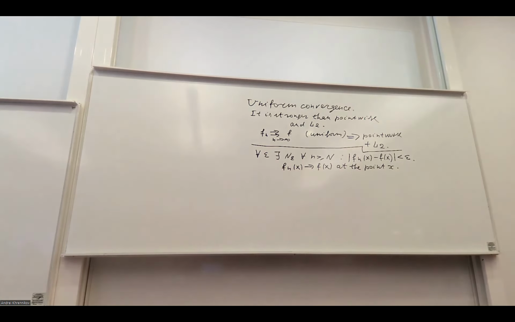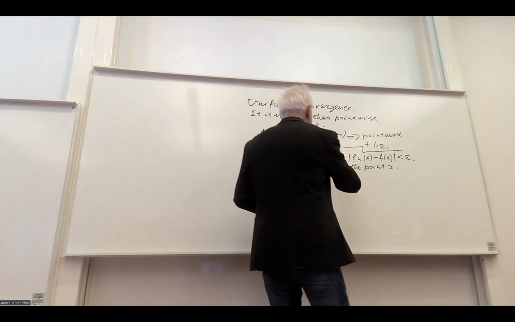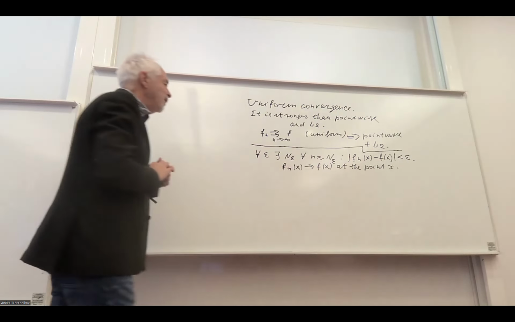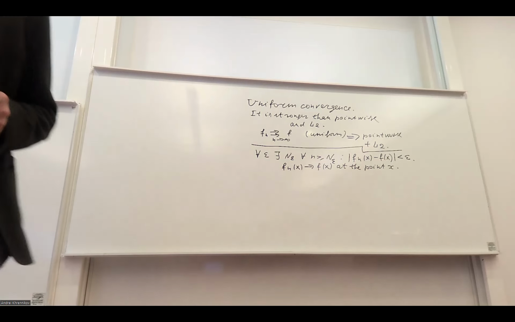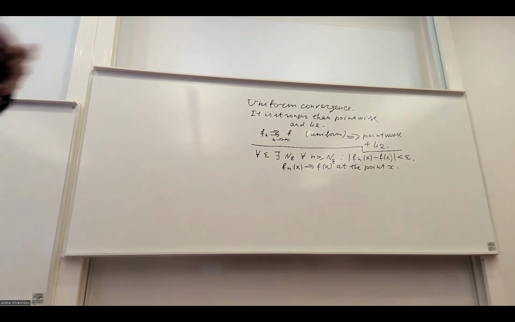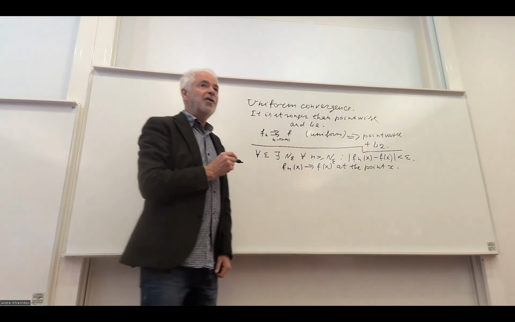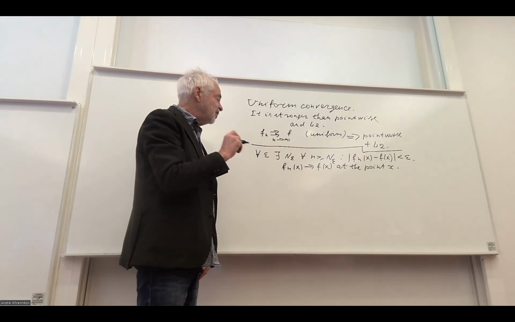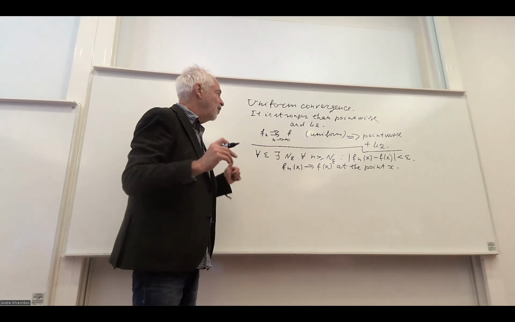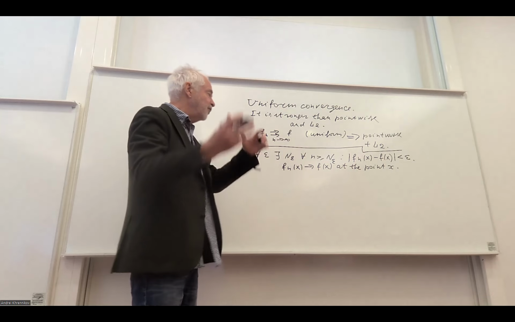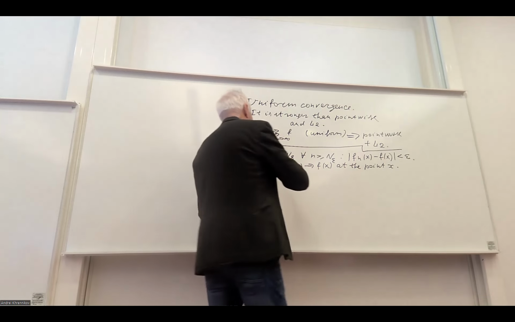What is important, and typically in your usual analysis course, maybe even your teacher did not pay attention to this because there was no need for this: the number N_epsilon depends on x. For each x, there exists its own number when we have this inequality. So for one x it can be 100, for another 1 million, and so on.